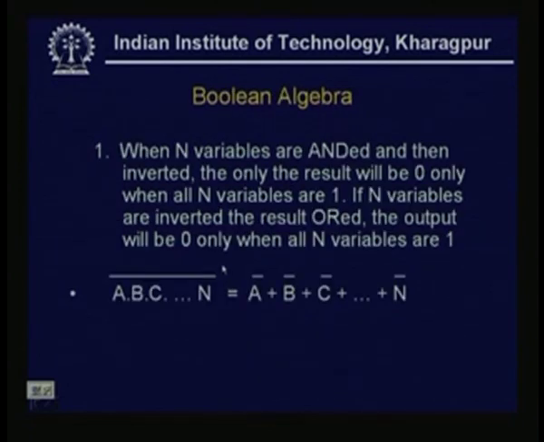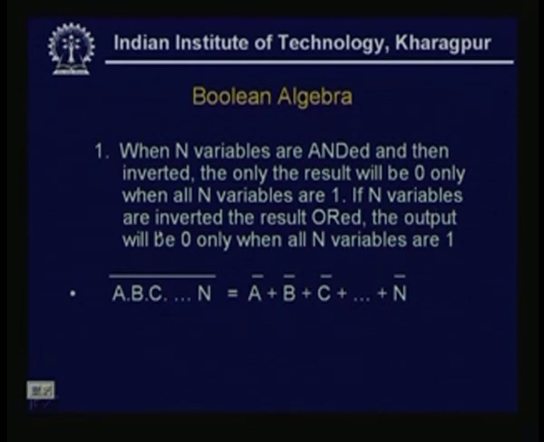The first one says that when n variables are ANDed and then inverted, the result will be 0 when all n variables are 1.